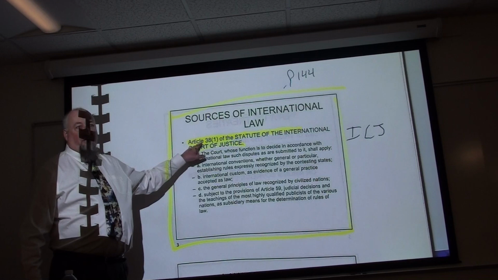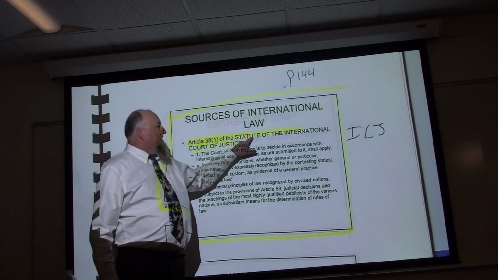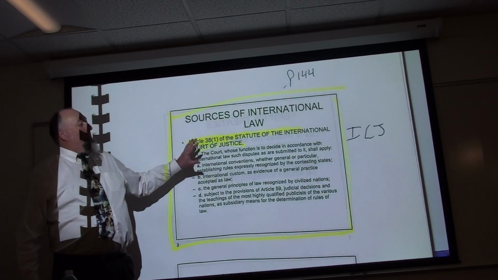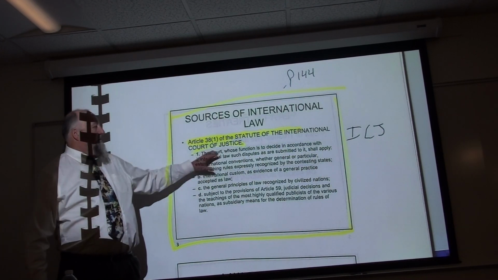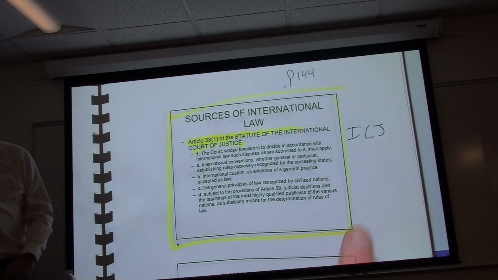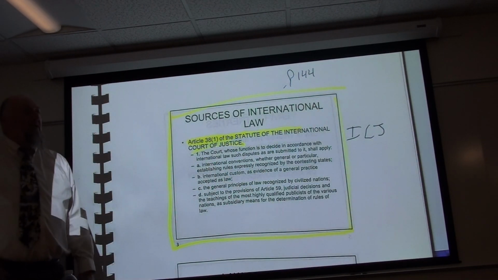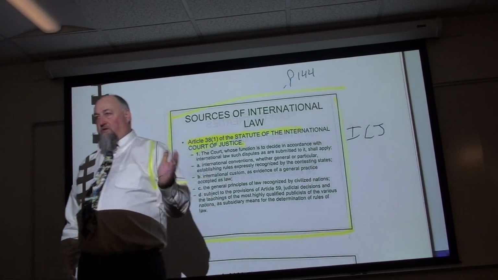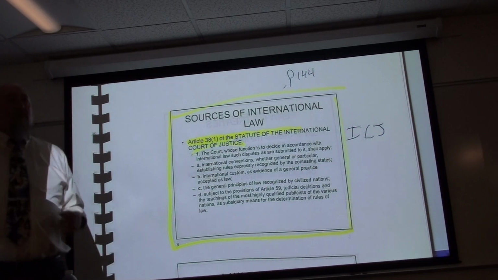This is Article 38 of the Statute of the International Court of Justice. First of all, what is the International Court of Justice? I will abbreviate it, and I apologize for my bad handwriting, ICJ, the International Court of Justice. So I'll say ICJ over and over again.